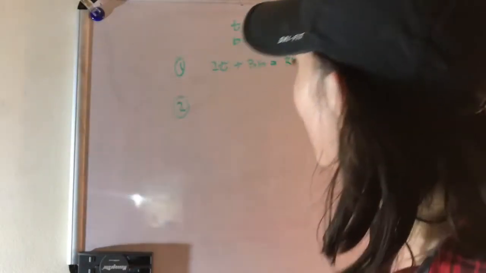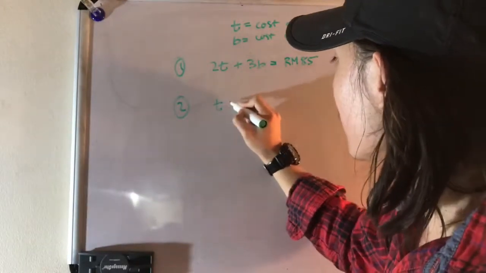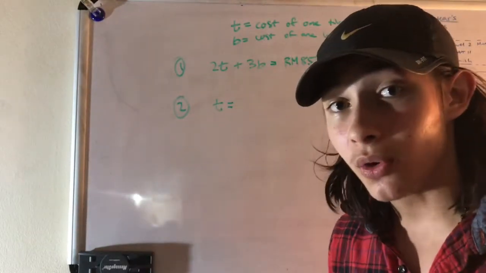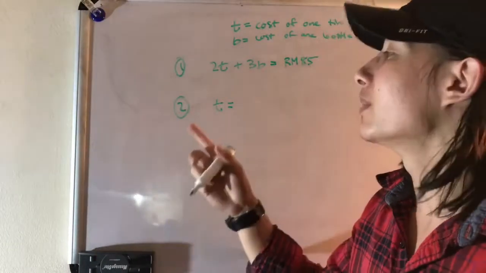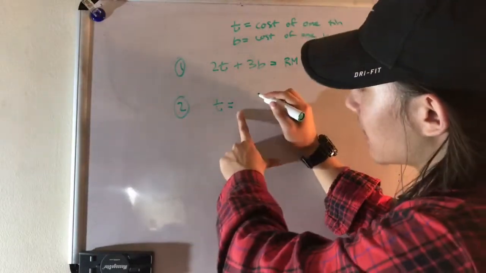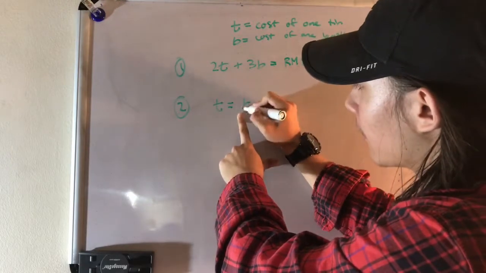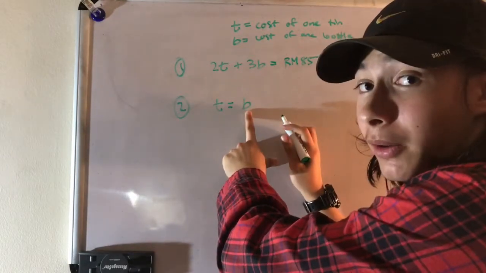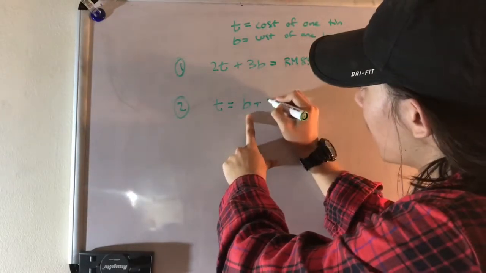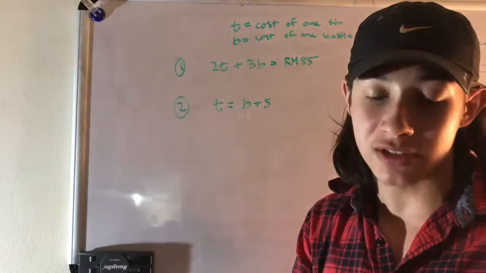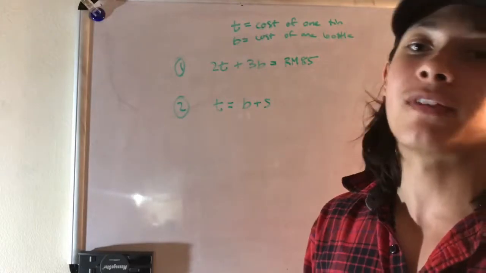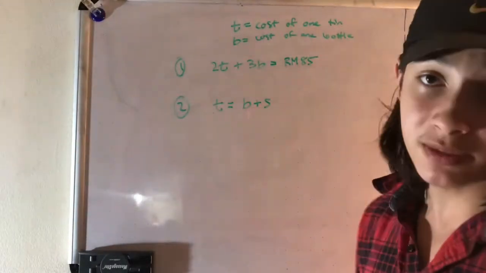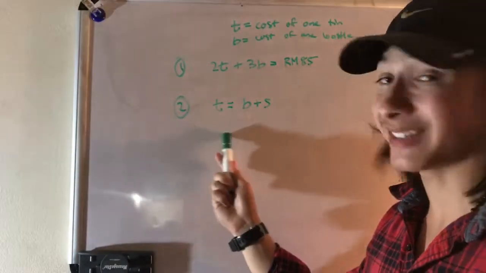The second equation is that the cost of 1 tin of milk powder is equal to the cost of an oil bottle plus 5. They didn't label it as RM5 or 5RM, but it literally just stated 5 more than B. So that's how you get that second equation.